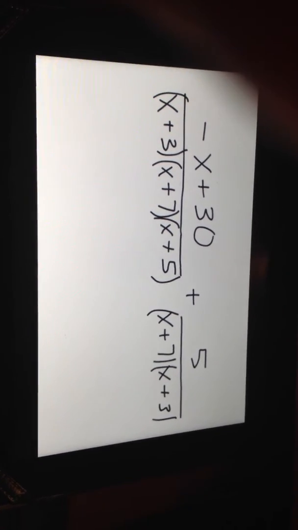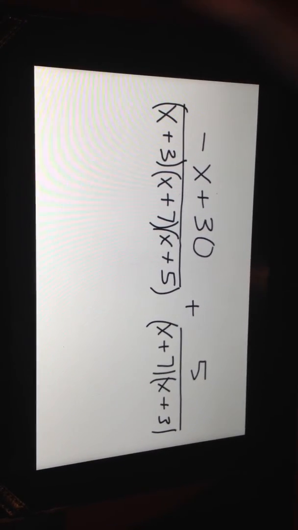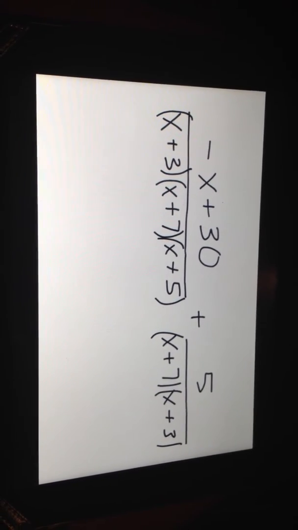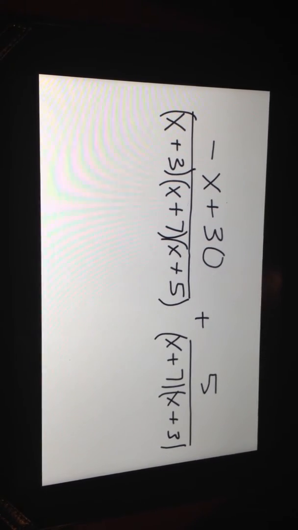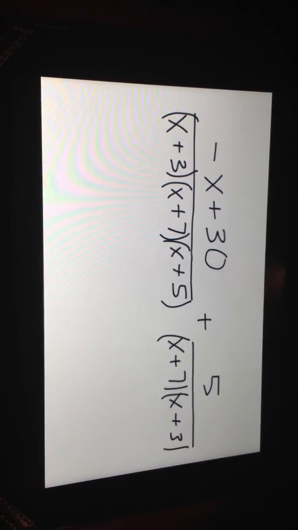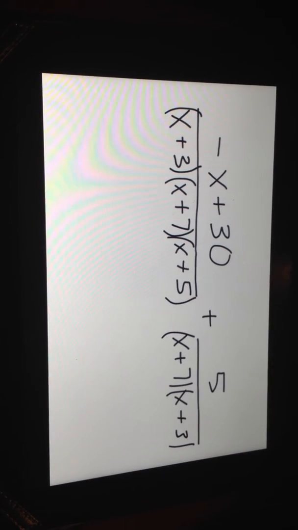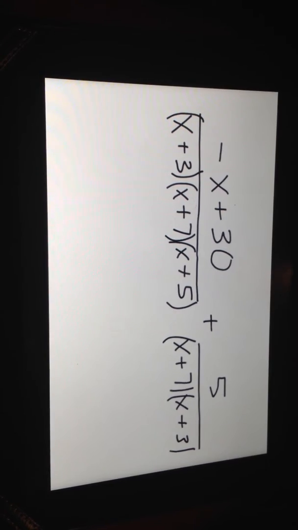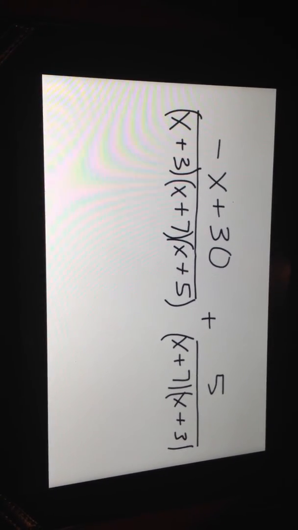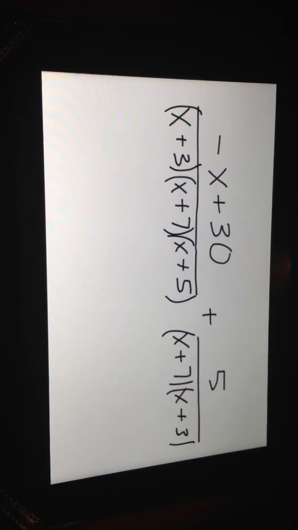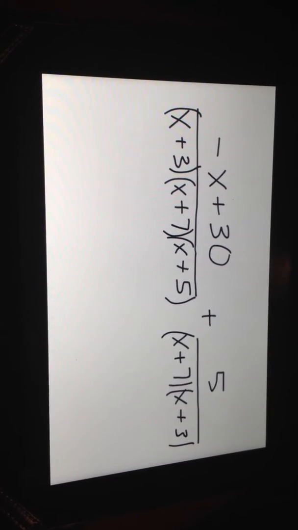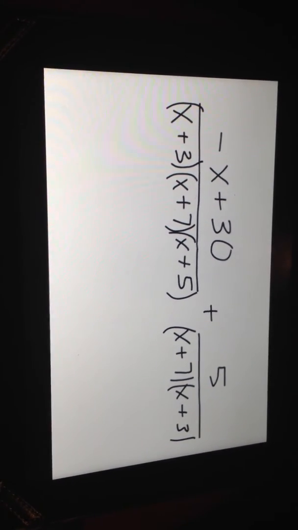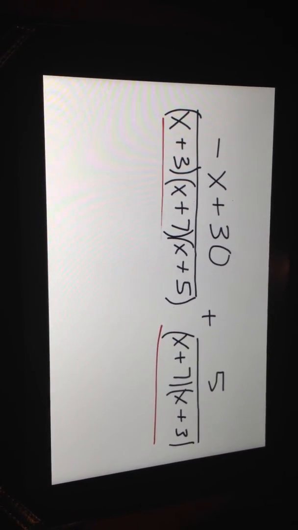If you're wondering why I didn't do anything with the top numbers, it's because I could, but I'm only trying to find the greatest common factor, which is the bottom number, and both of them are completely factored already, so I don't have to worry about that. But now that we have both of the bottom numbers, you can see what we're missing. We have x plus 3 times x plus 7 times x plus 5, and we have x plus 7 times x plus 3, and what can we do to this to make it this?